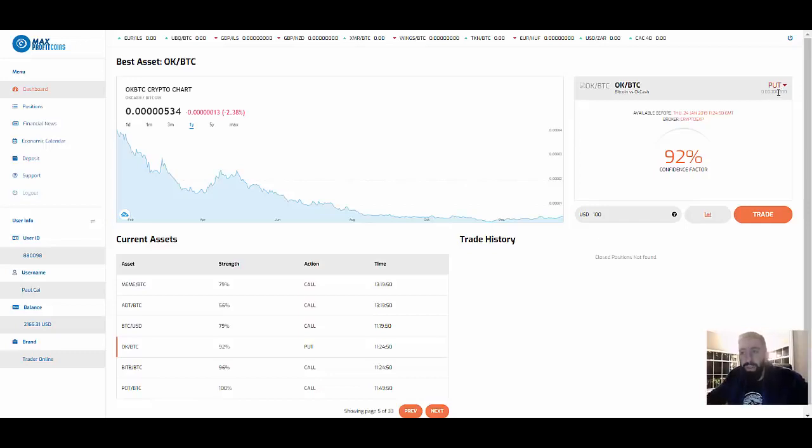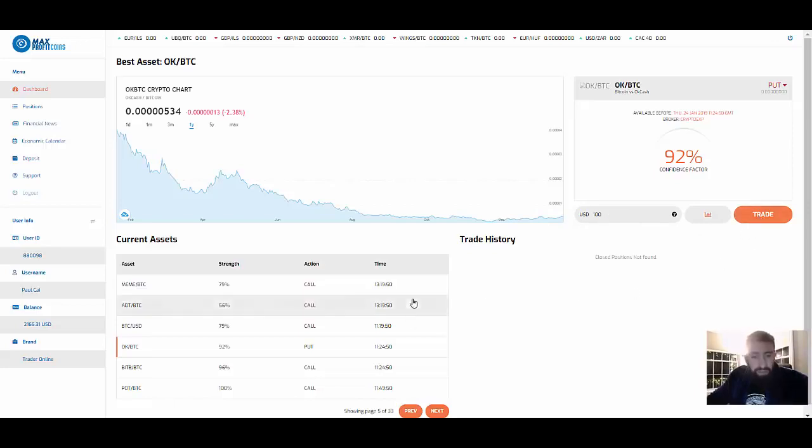But I do want to point out that if you look at the chart for Bitcoin and OK Cash, you can see there is an overall downward trend happening. So this is a pretty good signal to look into. We're going to take this for 100.